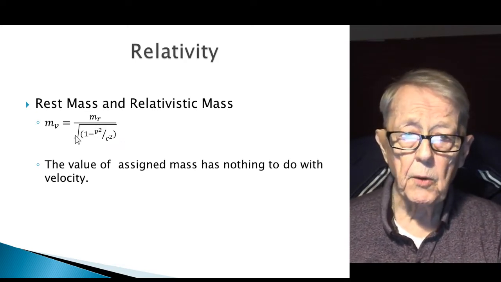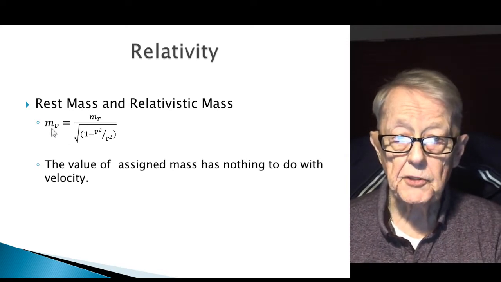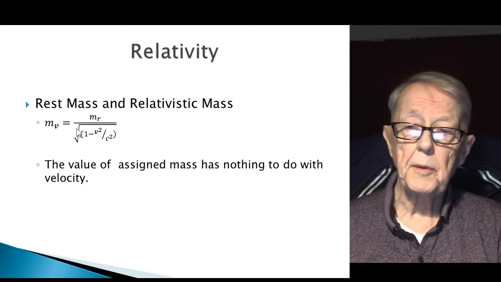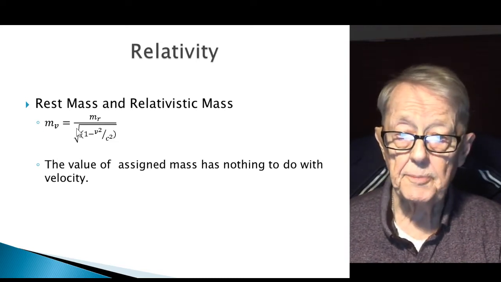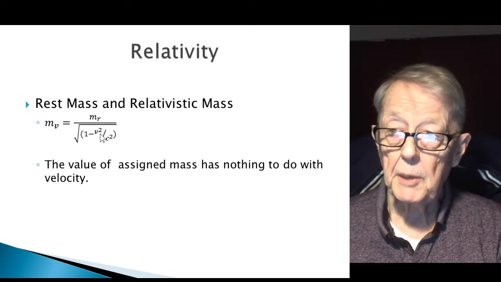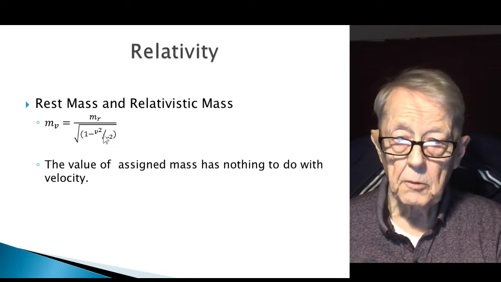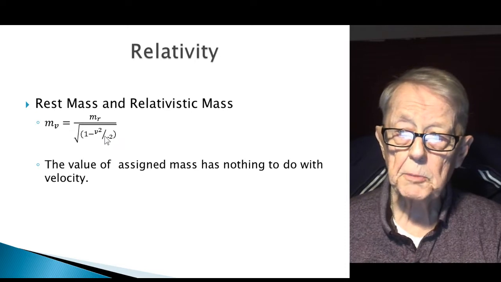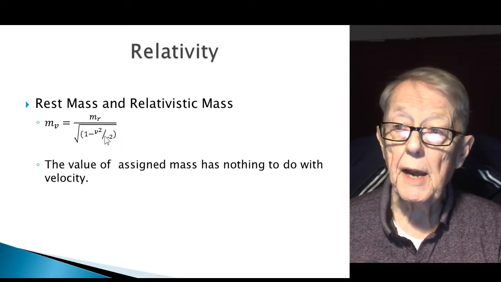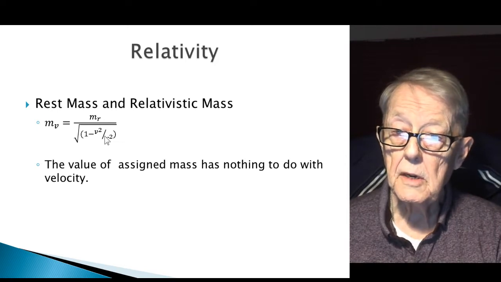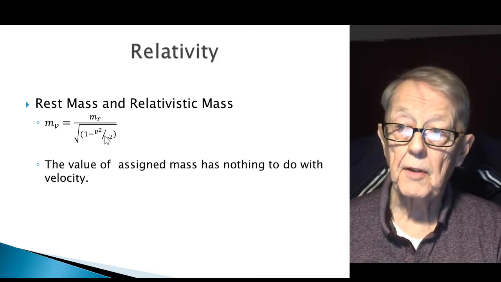And if you want to know what mass is at the speed of c, then you have 1 minus 1 in the denominator under the radical, and now you have something that can't be determined. It's indeterminate. But when I explained the value of mass as defined by the 1 kilogram standard, there was nothing in there about velocity.